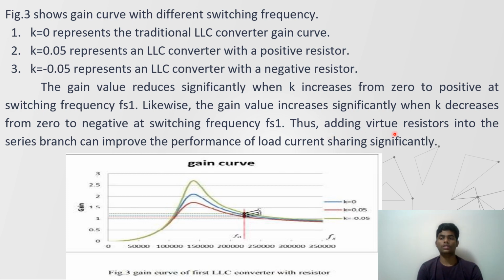Thus, adding virtual resistors to the series branch can improve the performance of load current sharing significantly. This is the gain graph, where the graph is plotted from 0 to 3 and 0 to 350,000. The graph significantly increases, then gradually decreases.